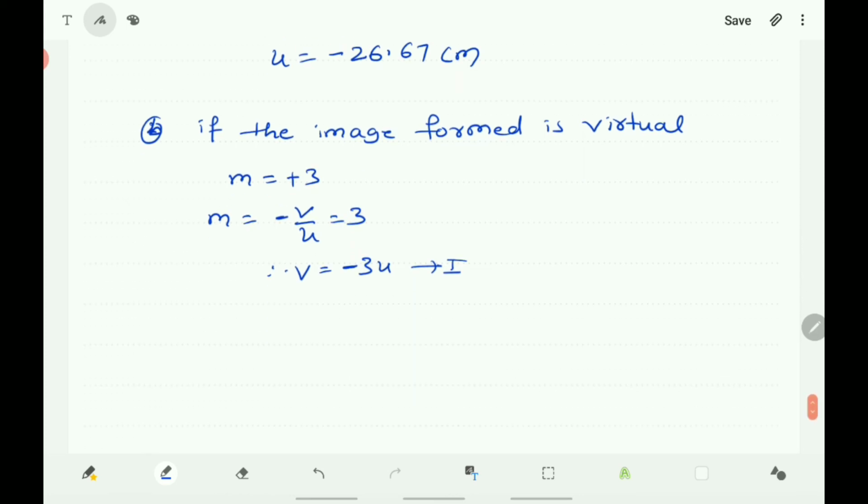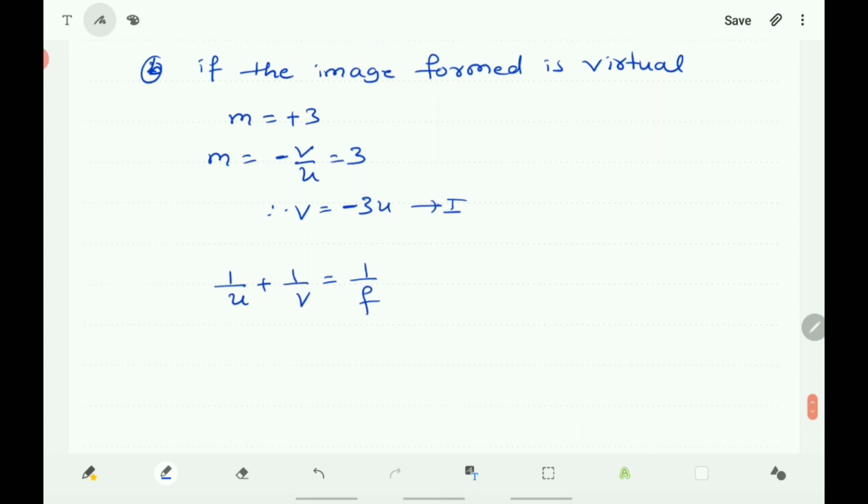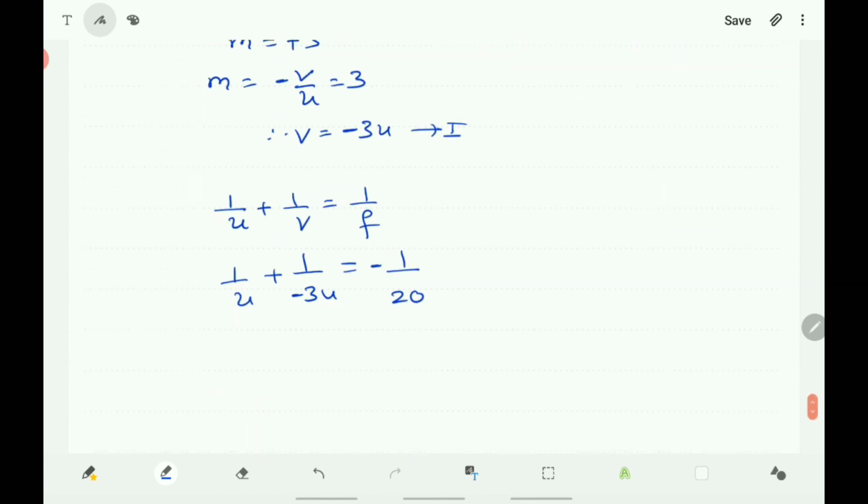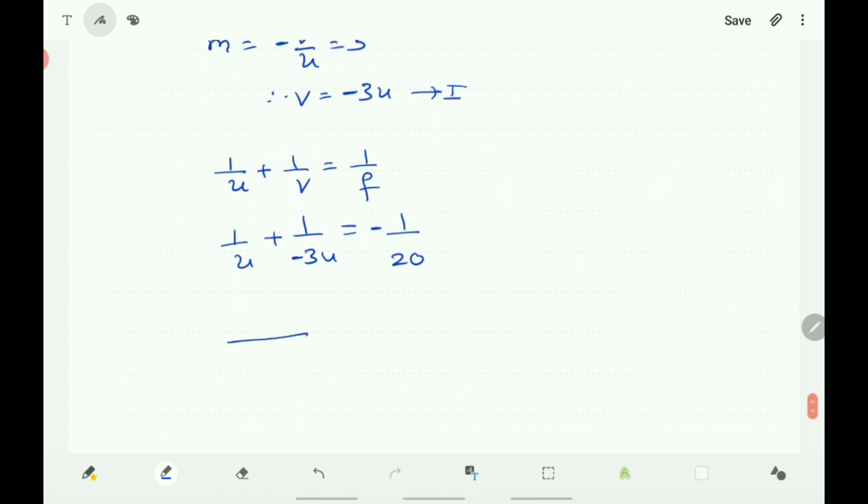Then you write the formula for the mirror. 1 by u plus 1 by v is equal to 1 by f. 1 by u plus 1 by v means here 1 by minus 3u is equal to 1 by f means 1 by minus 20, that is minus 1 by 20. Then here again it becomes, the LCM is minus 3u. u into minus 3 is minus 3u.